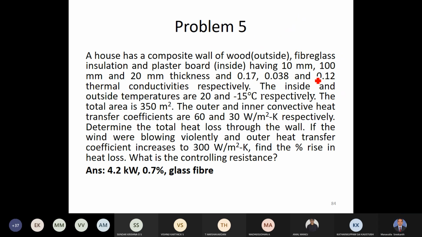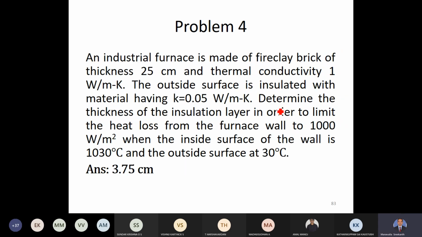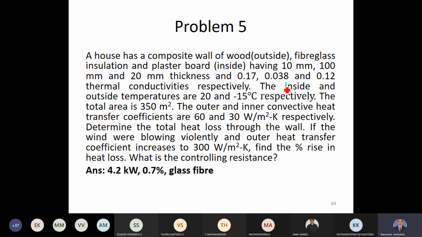The inside and outside temperatures are 20 and minus 15 degrees Celsius. The total area is 350 meters square, so heat is conducting across an area of 350 square meters on each wall.